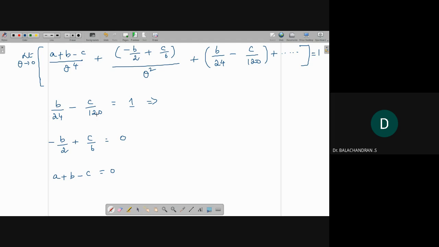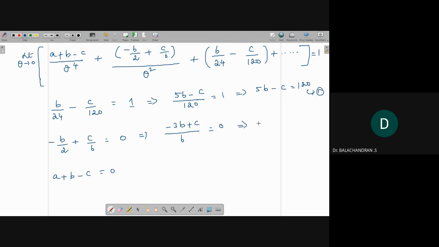So here I am taking 120 as LCM. If you take 120 as LCM, you get what? 5b minus c divided by 120 equal to 1. So this implies 5b minus c equal to 120. I call this 1. Similarly, if you take 6 as LCM, minus 3b plus c equal to 0.